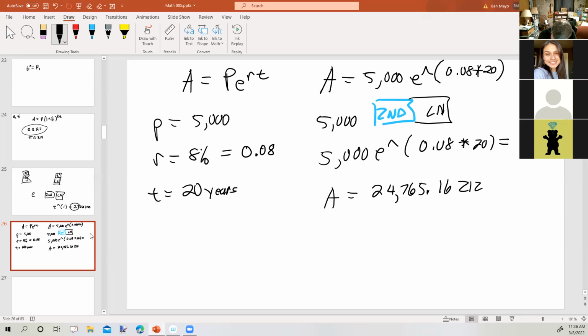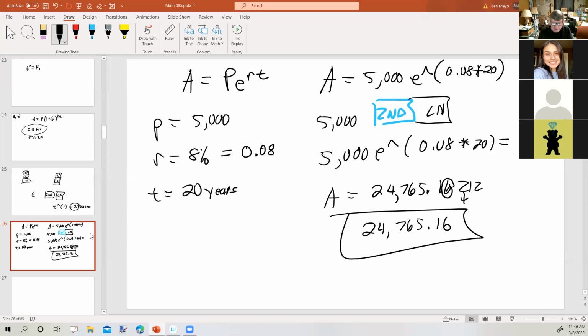Round to the nearest hundredth, which would be right there. The 2 would round down. So 24,765.16 would be the answer. Any questions about that?